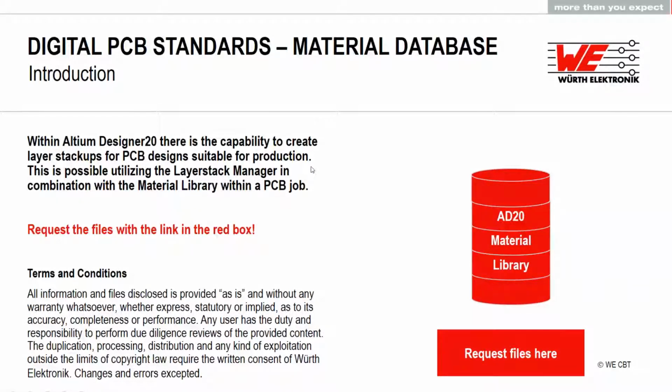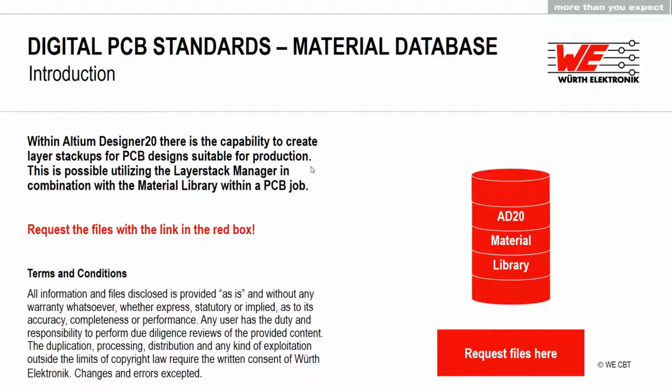So now let's come to the material database. This is an interesting, nice feature in Altium Designer that came with revision 19 some time ago, but we were very curious about that new feature already at that time, and meanwhile we have successfully installed this into our digital standards.